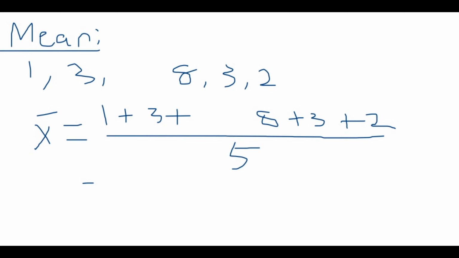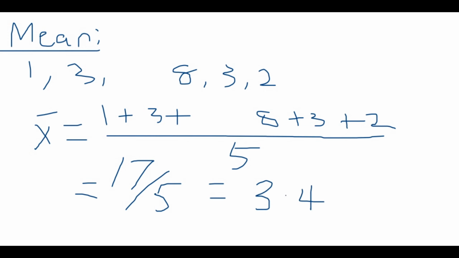So in this case, we'll have 17 at the top. So this will be 17 divided by 5. And this will be equal to 3.4 as the mean.